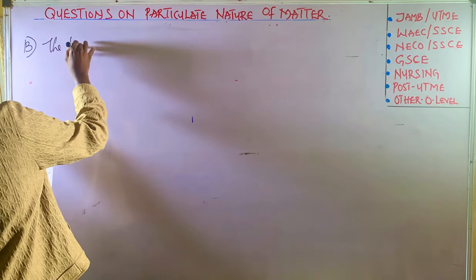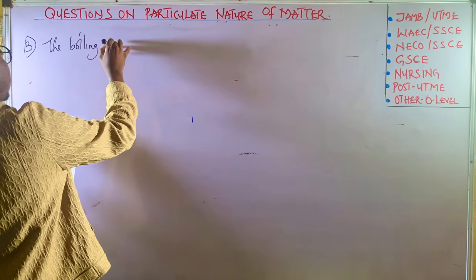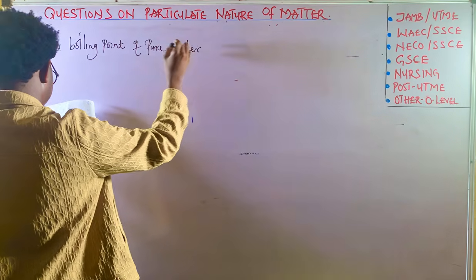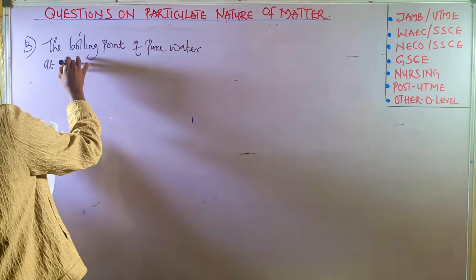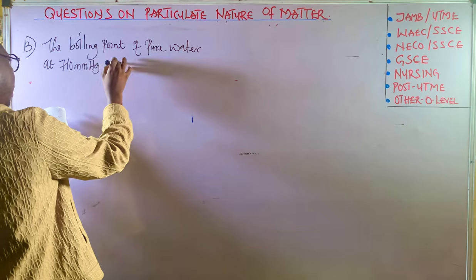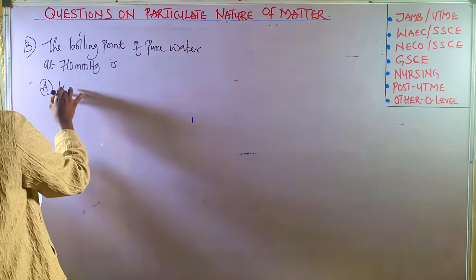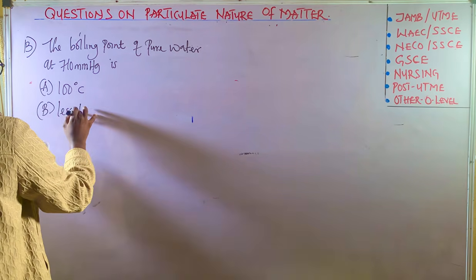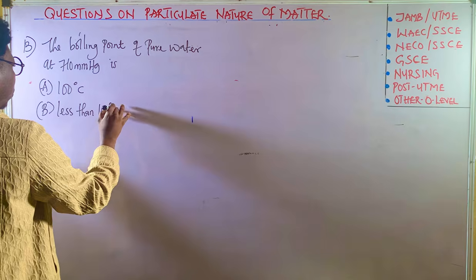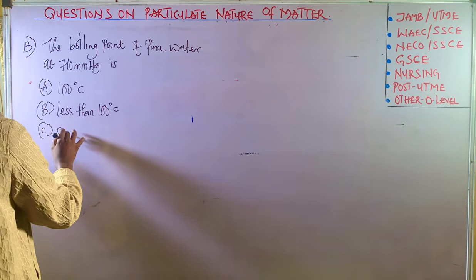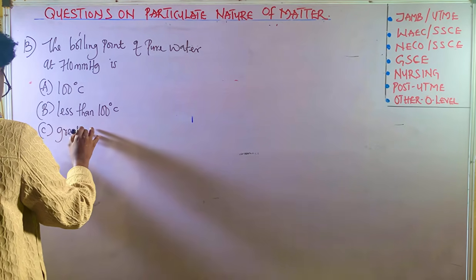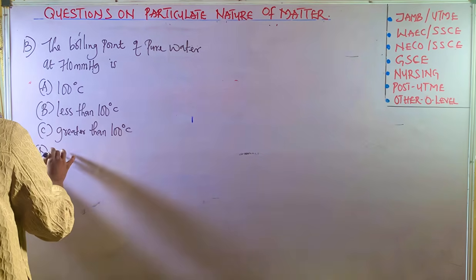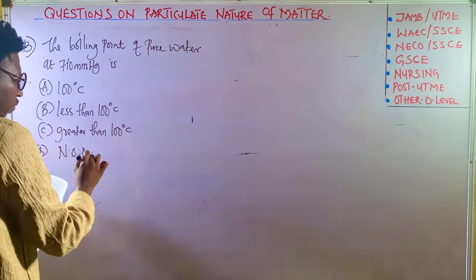The boiling point of pure water at 710 millimeter of mercury is: A, 100 degrees Celsius; B, less than 100 degrees Celsius; C, greater than 100 degrees Celsius; D, none of the above.